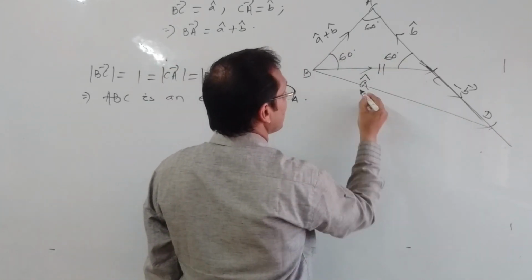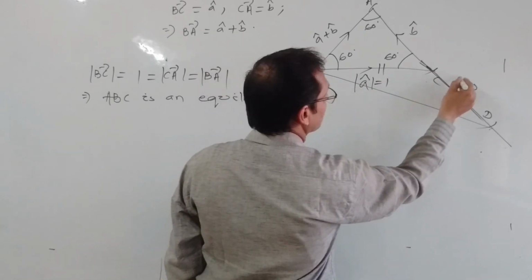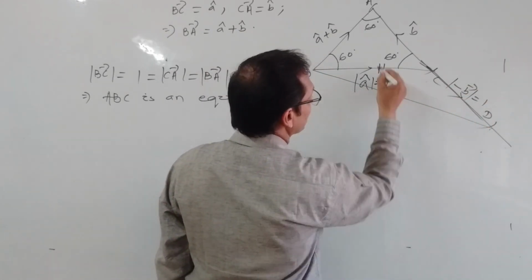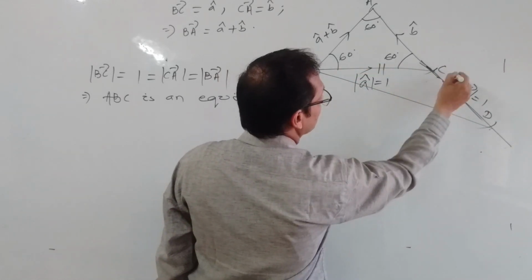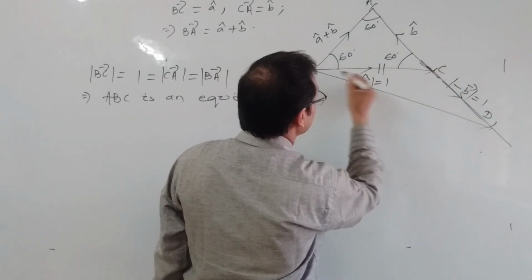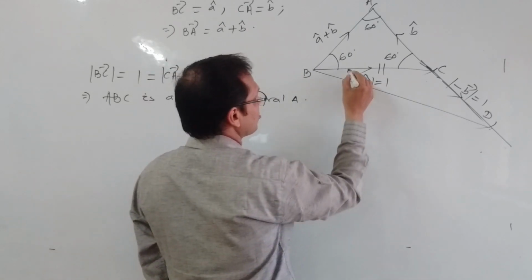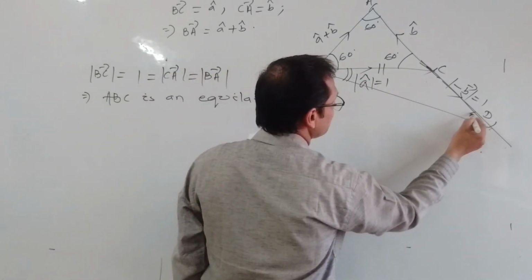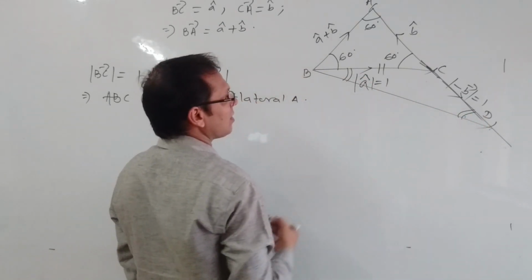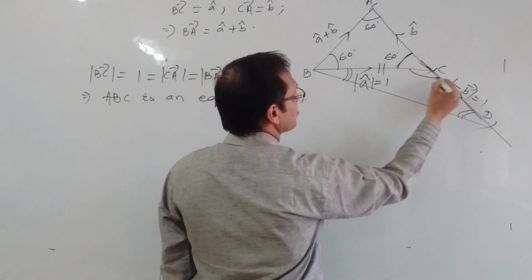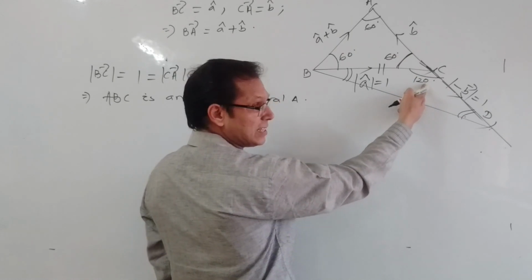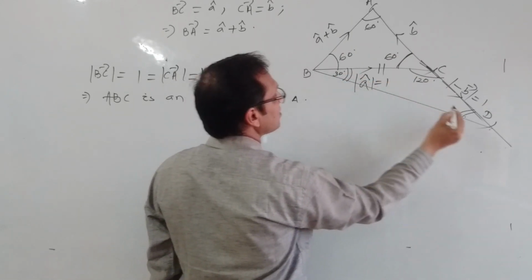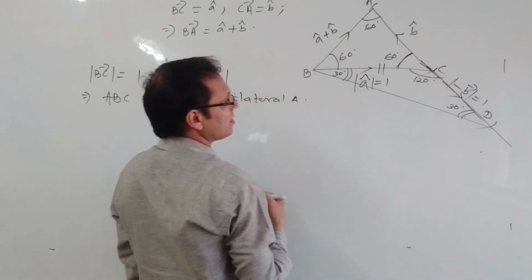Since A vector magnitude is equal to 1 and minus B vector magnitude is equal to 1, the length of BC is equal to the length of CD. So therefore this one is an isosceles triangle. Isosceles triangle means these two angles should be equal, and this one is 60 means this one is 120. So 180 minus 120 is 60. So this one is 30, this one is also 30.